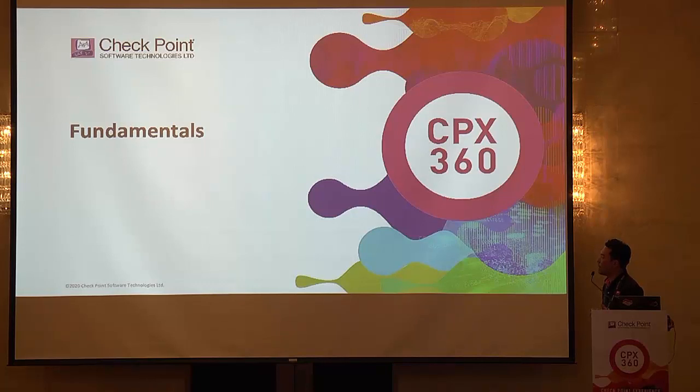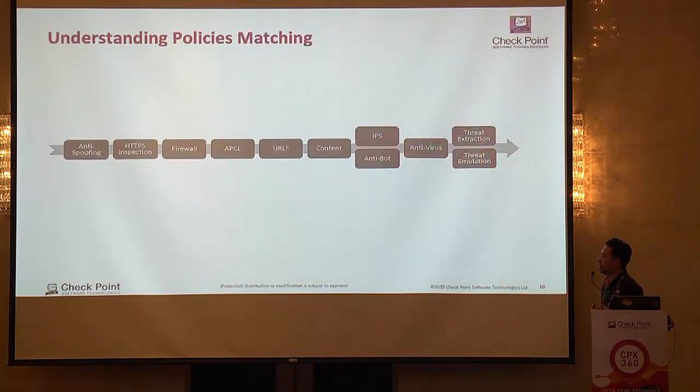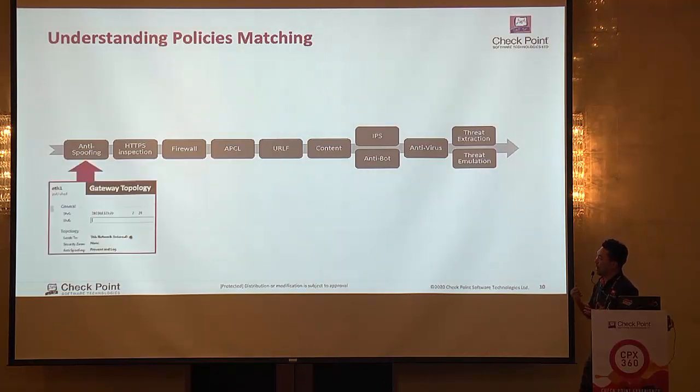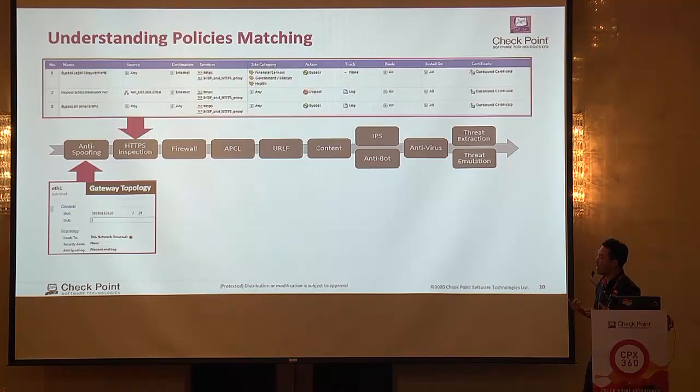Talking about the fundamentals of inspection, here is the policy matching mechanism. Anti-spoofing, of course, comes first. We look at the IP address and whether it comes from the interface we expected. Second, if you turn on HTTPS inspection, it takes the second matching stage. In this case, there are a couple of policies that we enabled.